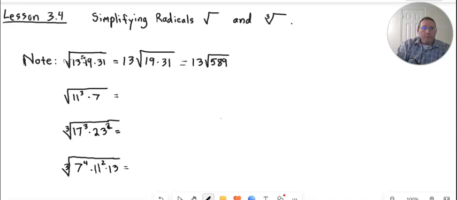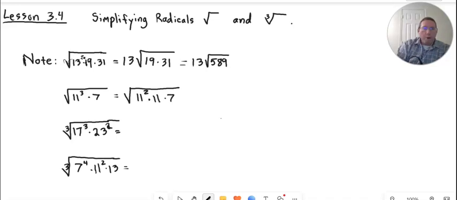Now this one is the square root of 11 to the 3rd power times 7. What's interesting is that this is the same thing as the square root of 11 squared times 11 times 7.